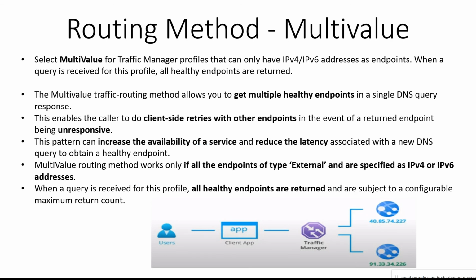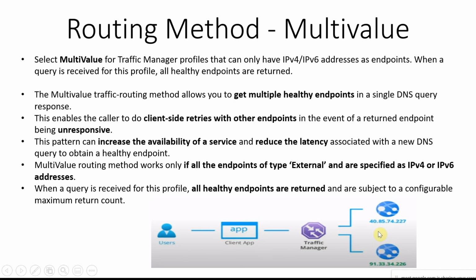And this is multi-value. Multi-value primarily considers IPv4, IPv6 addresses as endpoints, and when a query is received, all healthy endpoints are returned. So it returns more than one actually. So let's say this traffic manager is having two IPs, so it will return both the IPs.